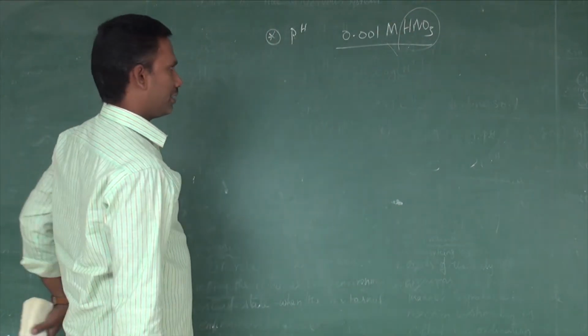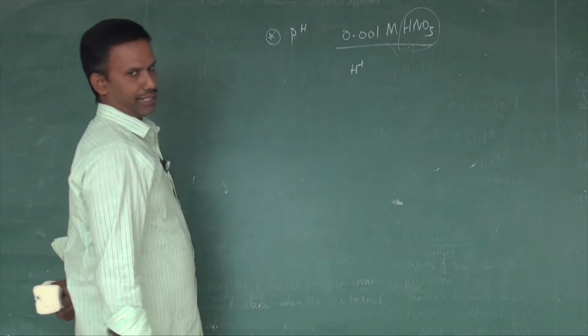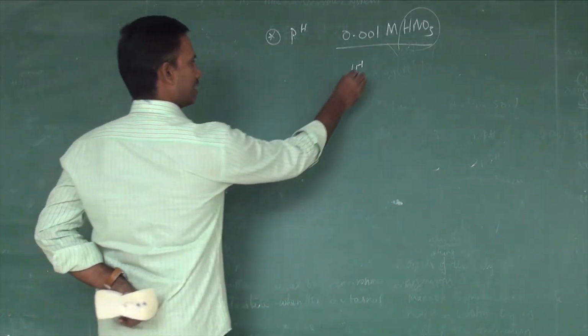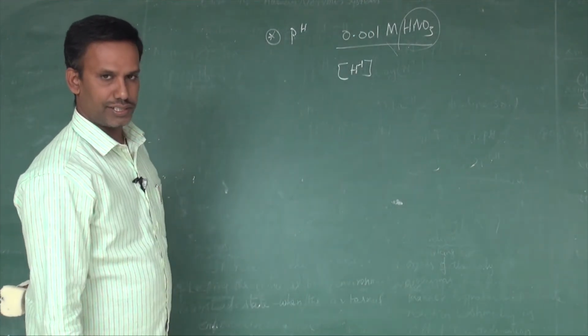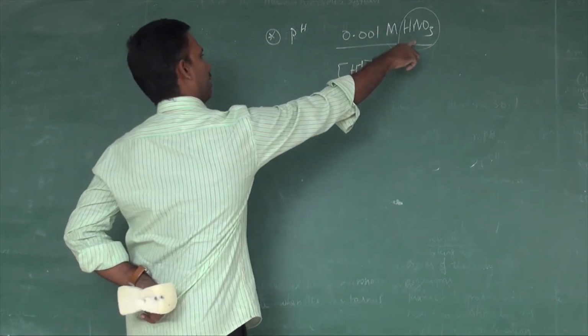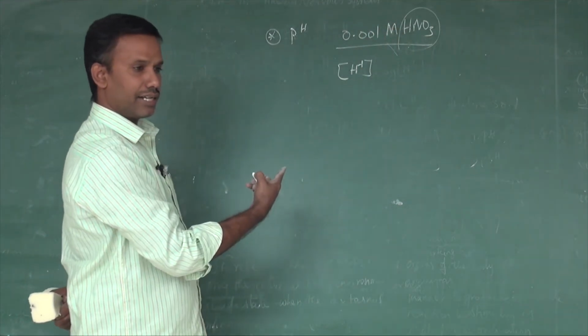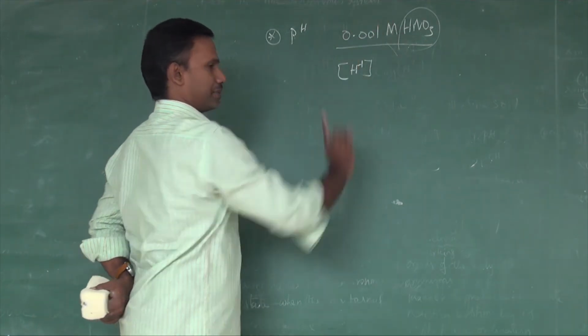HNO3 is an acid. So it contains H plus ion. So the given concentration, let us take as the H plus ion concentration. Why is it an acid? It can generate the H plus ion.